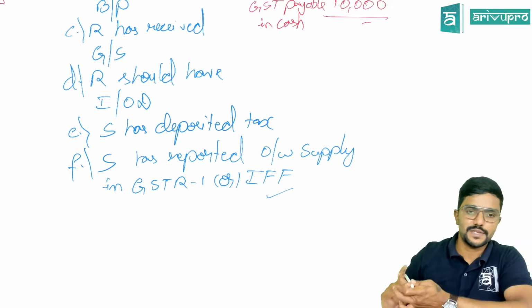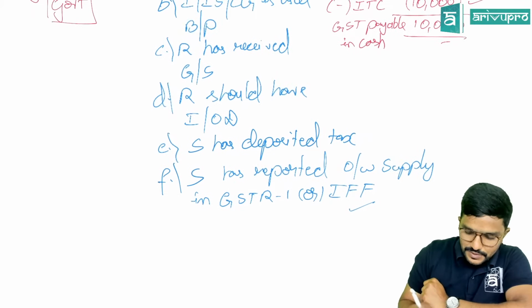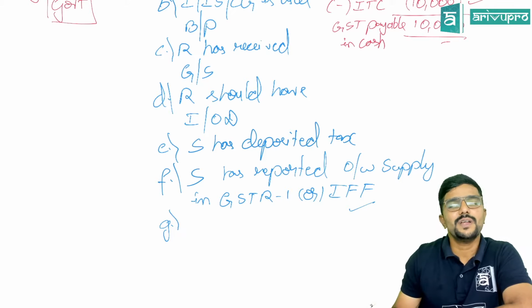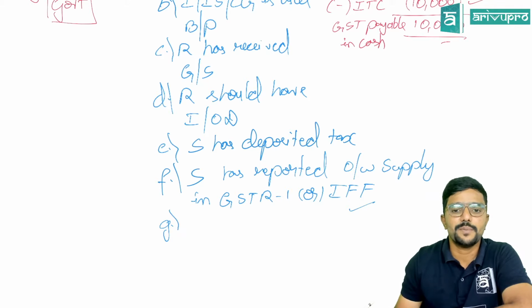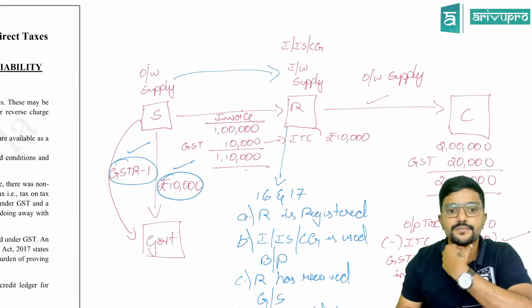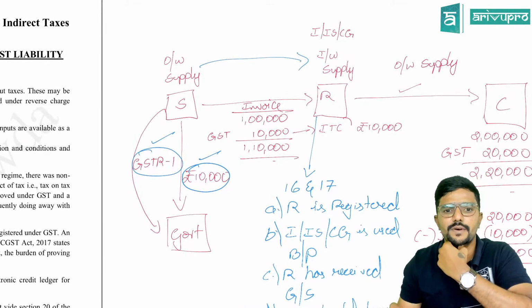Clear? Yes, sir. Next. So the supplier has reported the outward supply in his GSTR 1 or using the invoice furnishing facility if he is opting for QRMP. Okay, sir. Next. From the supplier's point of view, done.